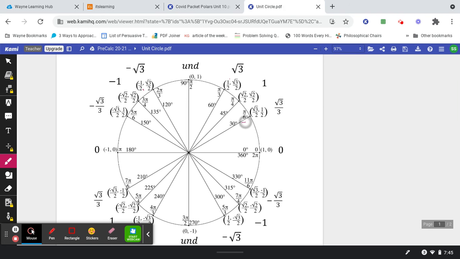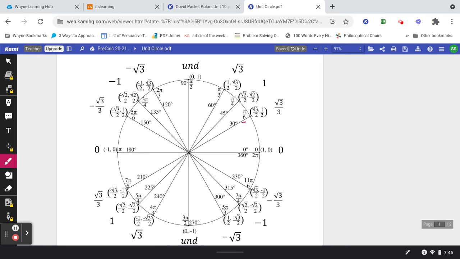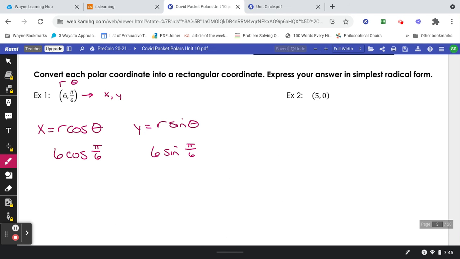And here's pi over 6 right here. And I've got the sine and the cosine here and here. Cosine is the x, sine is the y. So we'll just take those two numbers, radical 3 over 2 and 1/2. And this will go for the x, and this will go for the y. And then I'll just go ahead and bring this 6 down.